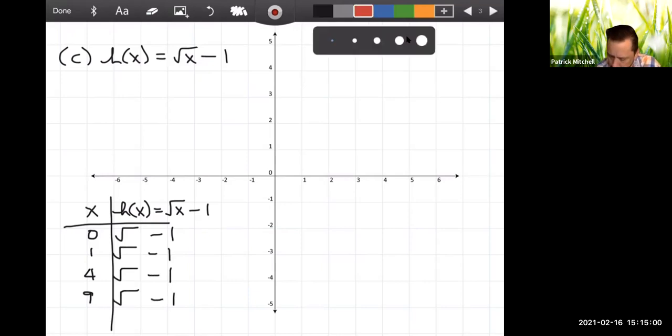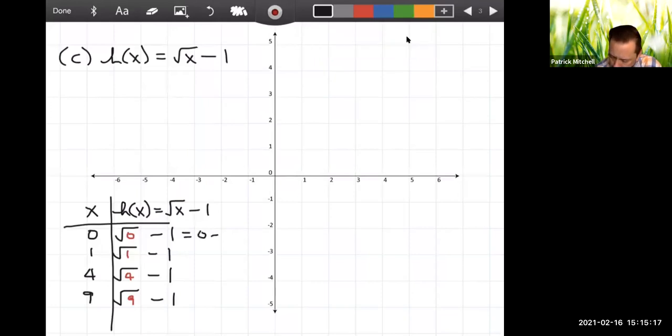When I put those x values in there, see, this is why we had to review square roots. Okay, so first we have the square root of 0, which is 0. 0 minus 1 is -1. So the first point on this graph is (0, -1).